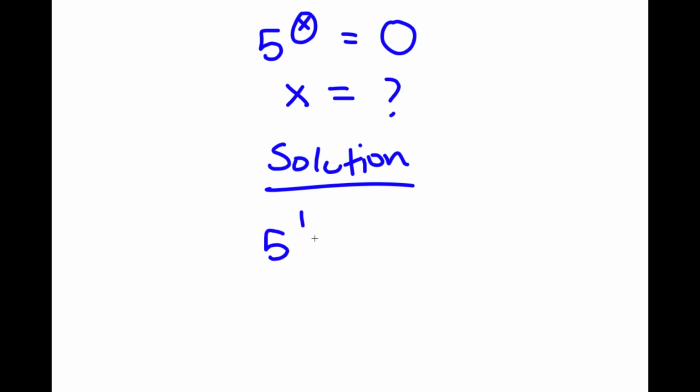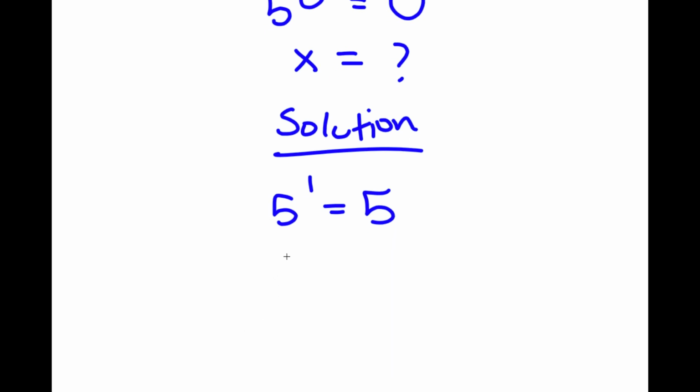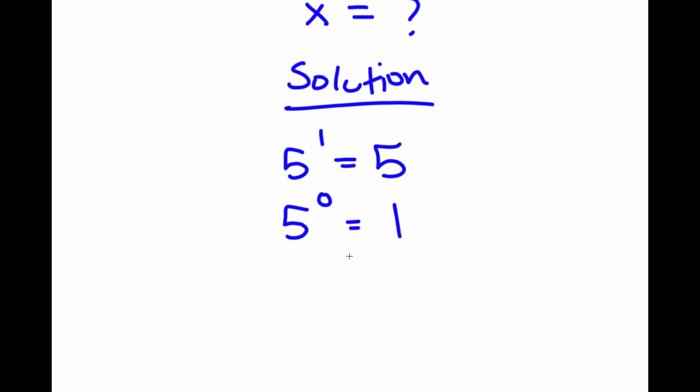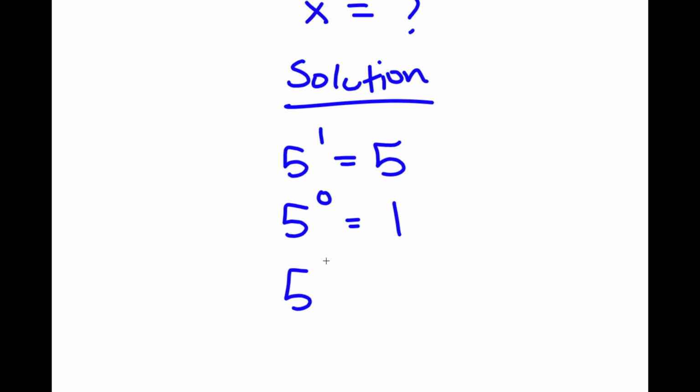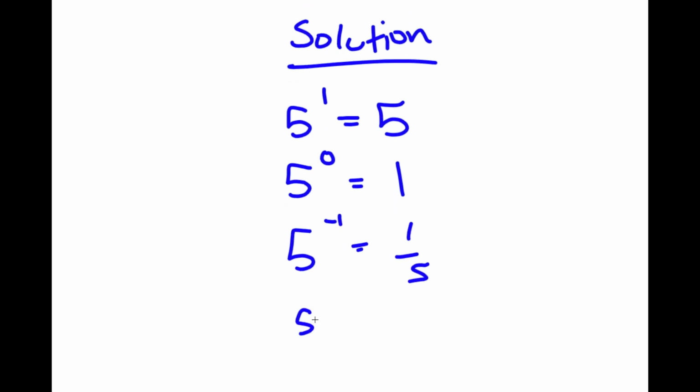So if I have 5 to the power of 1, for example, this is equal to 5, right? If I have 5 to the power of, let's do 1 less than 1, 0. Well, any number to the power of 0 is 1. If I have 5 to the power of negative 1, this is going to be 1/5. If I have 5 to the power of negative 2, this is going to be 1 over 25.